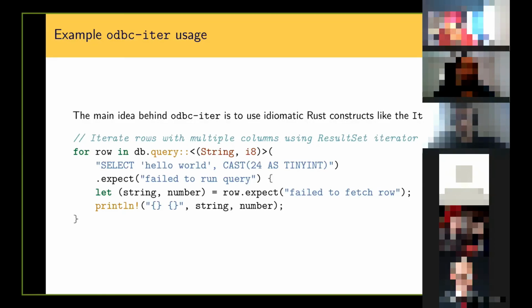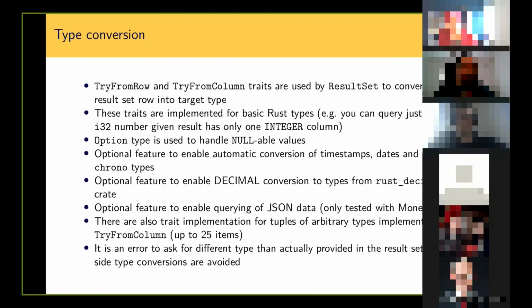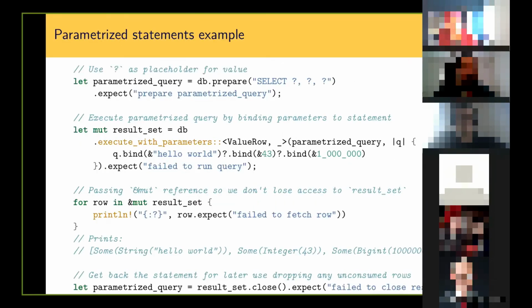But if you have a prepared statement, like in this example, you can see here that I prepare it, and then I move it into this execute with prepared statement, which gives me the result set. And now I don't have it, because I gave it away. But here I'm using a reference to the iterator, not the iterator.